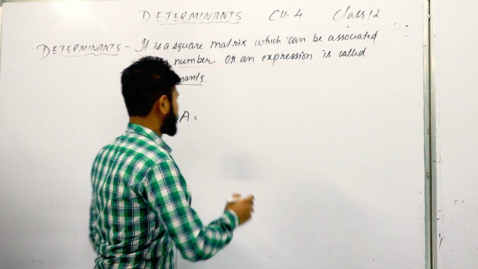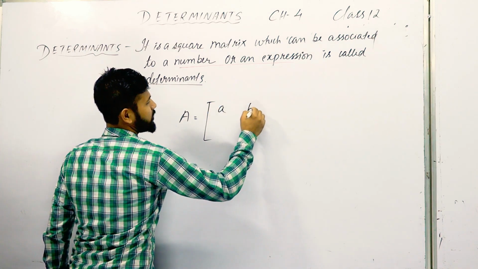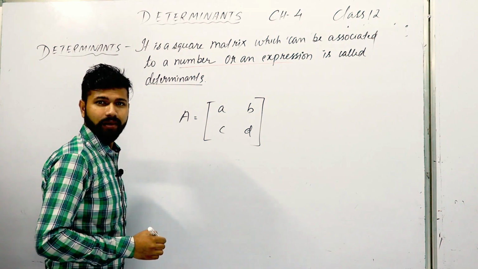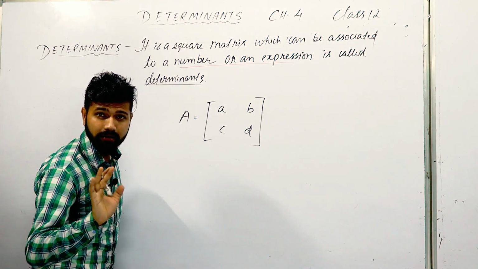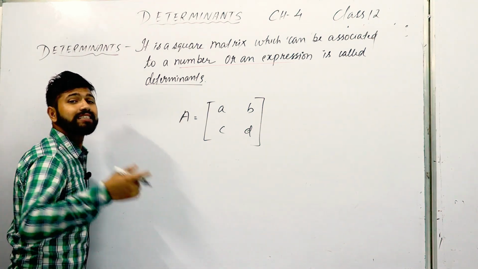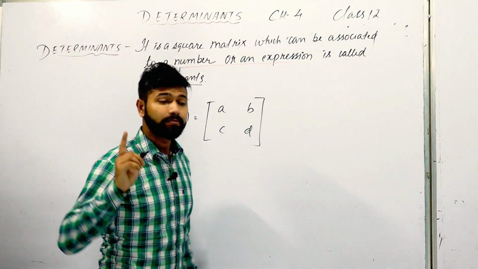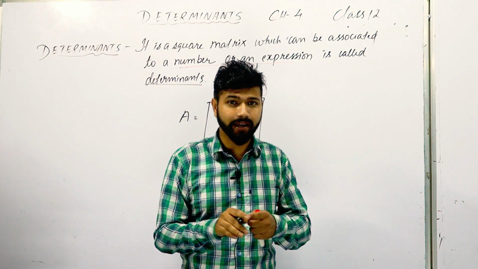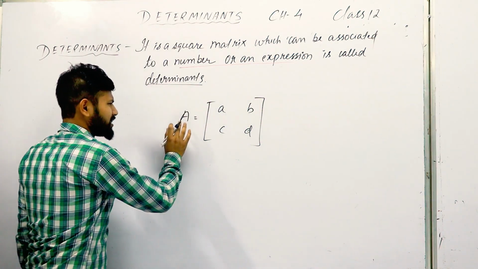Suppose we consider a matrix with entries a, b, c, d. This is a matrix. Now if you want to make it a determinant, you have to change the symbol. Matrix is the arrangement of numbers under a bracket, and determinant is the same thing.